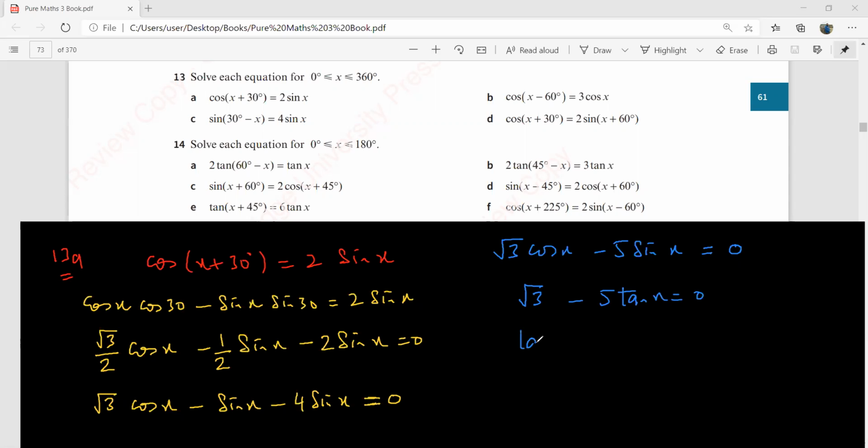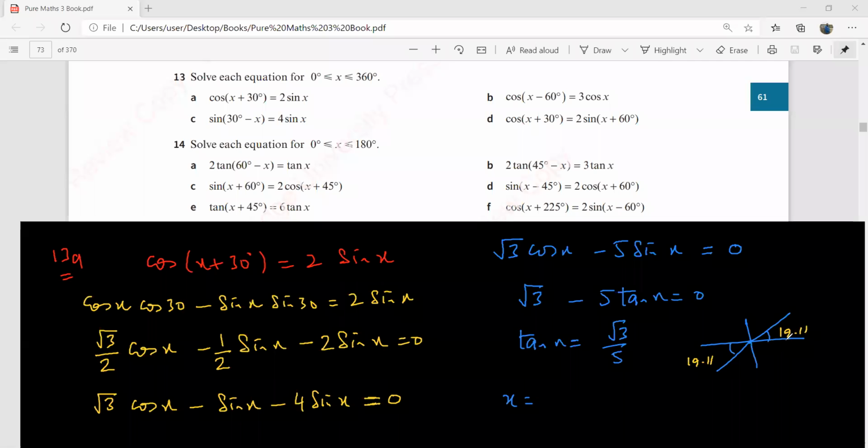So your tan x is going to be root 3 over 5. The moment you reach this level, you should quickly mark those quadrants where tan can exist. So can someone quickly tell me what is tan inverse of root 3 over 5?